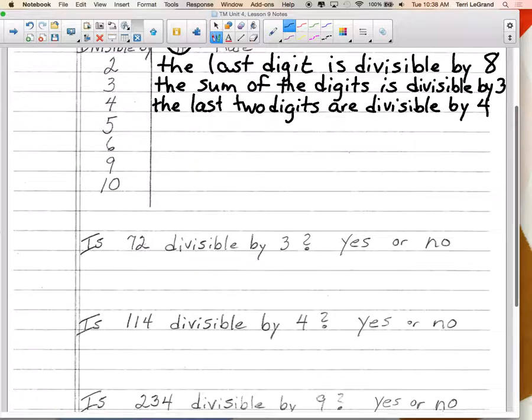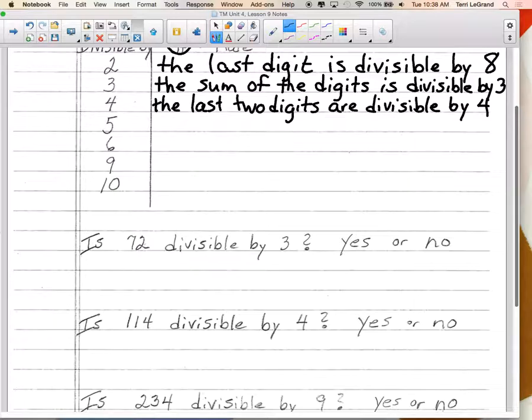So this one you have to think a little bit harder on because you have to know the multiplication table for 4. You need to know the multiples of 4. So you're going to look at the last 2 digits of any number, and if you can divide those 2 digits by 4, you know the number is divisible by 4.